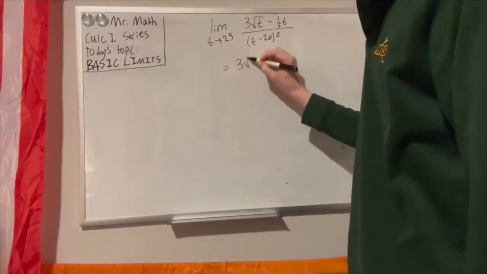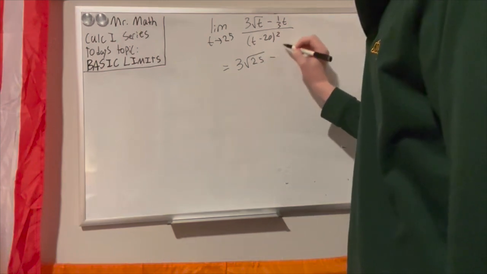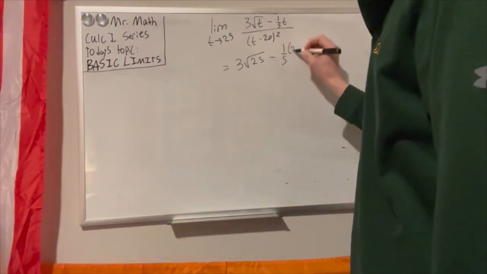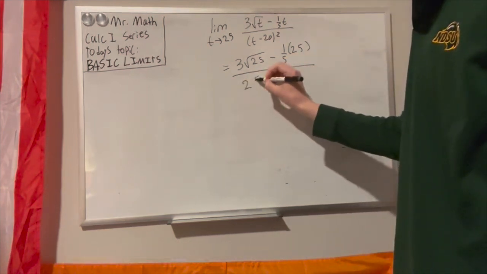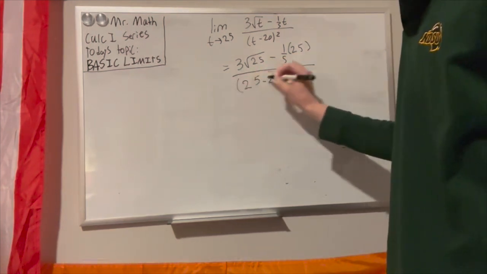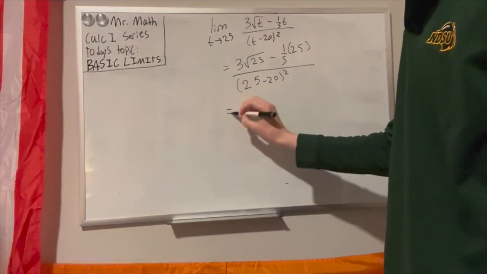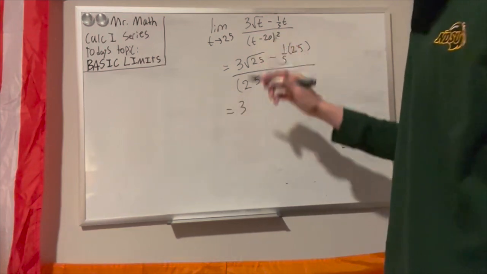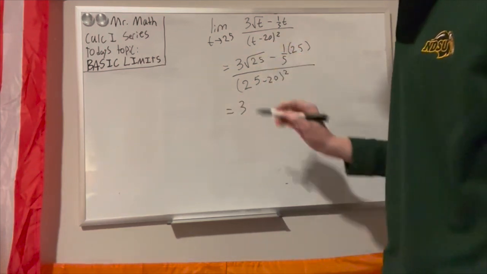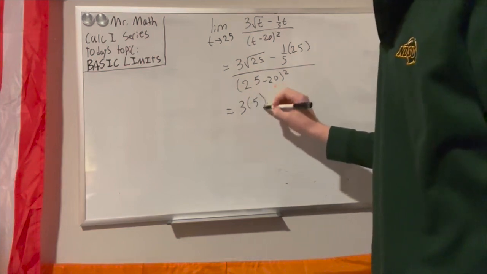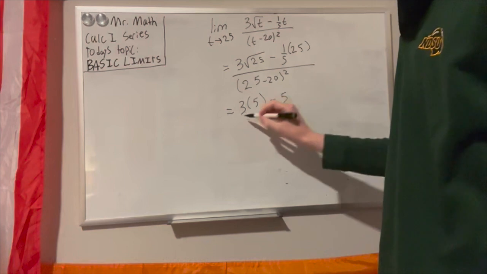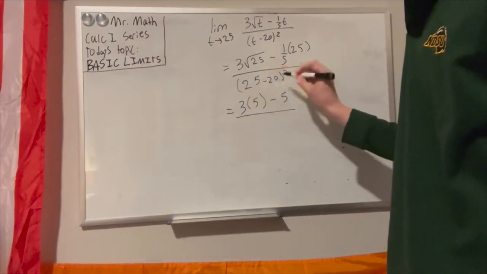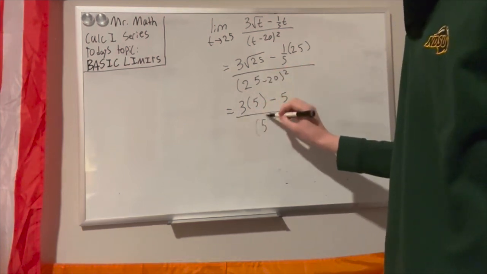So we have 3 root 25 minus 1 over 5 times 25 all over 25 minus 20 squared equals, this will simplify to 3 root 25, it's just 5, minus 25 over 5 is 5. 25 minus 20 is 5 squared.